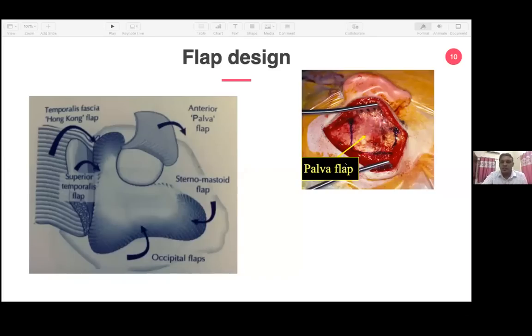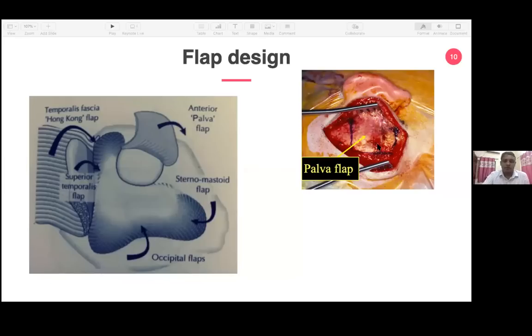Instead, we give a horizontal incision at the level of the inferior temporal line here, and one line here just posterior to the bony external auditory canal, and we raise the flap like this. That is a posterior inferiorly based flap, called the Muirman's flap.